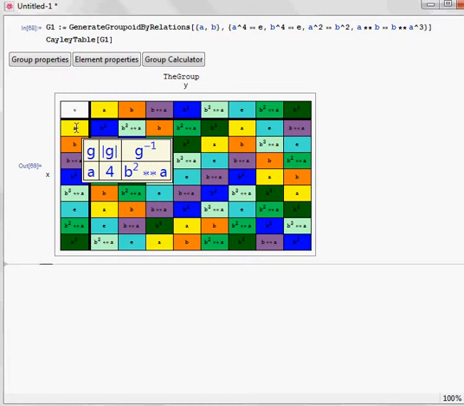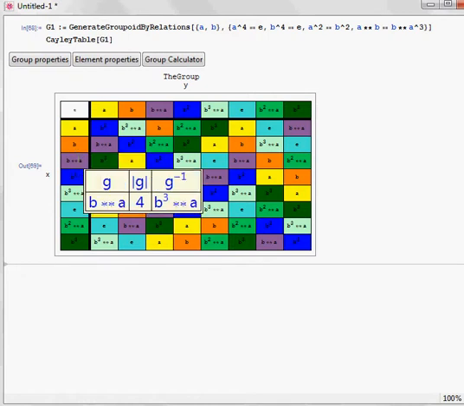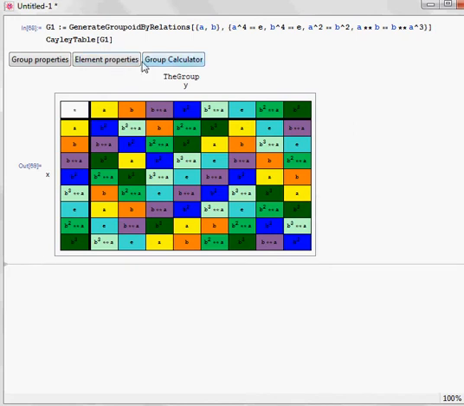So if A is I, then the inverse of A is minus I. And B could be J. And B to the third is minus J, or B squared times B, minus B. A times B would in that case be K. And so on. This is really the quaternion group.